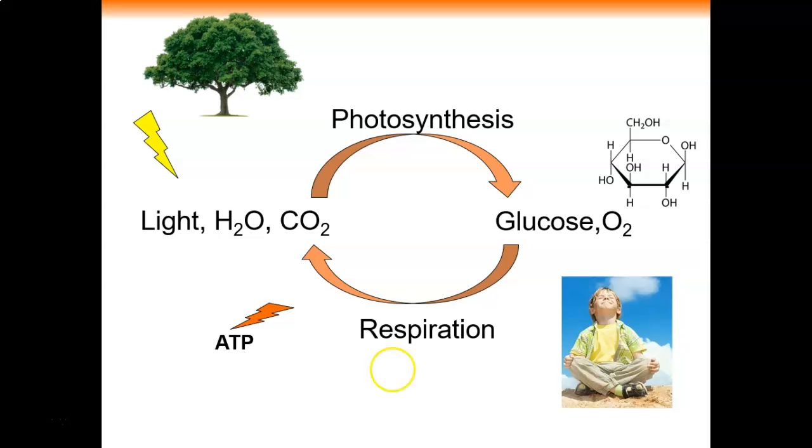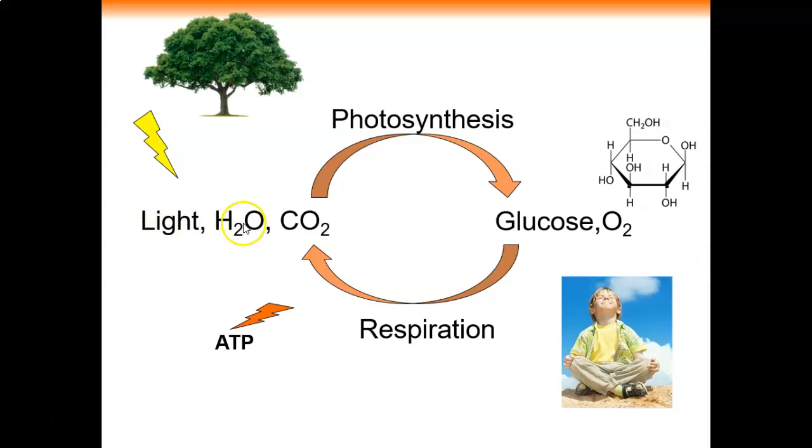So we're going to see later on, there's this similarity of opposites between photosynthesis and respiration, where the reactants of photosynthesis are the products of respiration. The products of photosynthesis are the reactants in respiration.